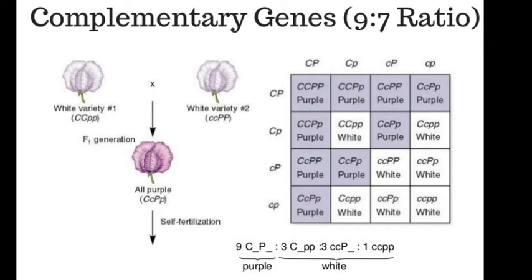So the F1 offspring will form four kinds of gametes: capital C capital P, capital C small p, small c capital P, and small c small p. The result of the cross between two F1 plants is represented on your screen.